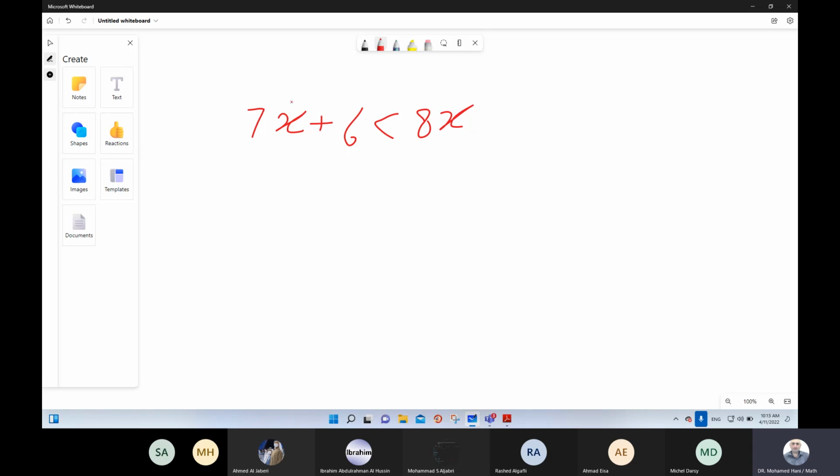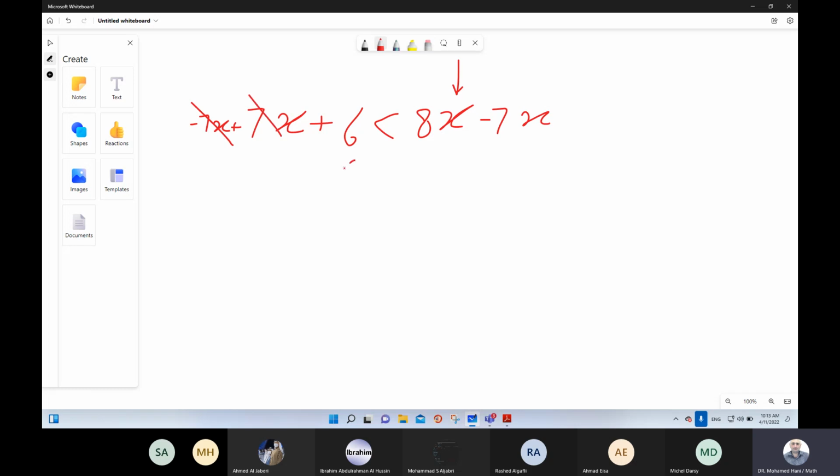You can keep the x in this side or in this side. I will keep the x in this side. So we will remove the x from this side. How to remove 7x from this side? We can add the inverse. So minus 7x in this side and minus 7x in this side. 7x and minus 7x will be 0.